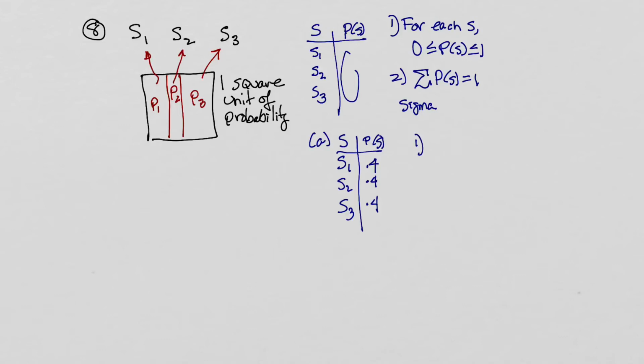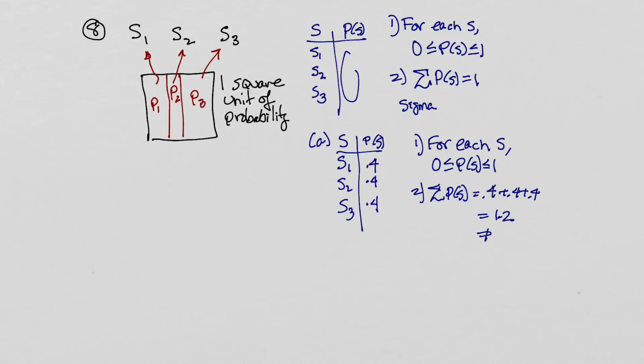Number 1, for each one of those S's, it is true that 0 is less than or equal to P of S, which is less than or equal to 1. So condition 1 holds. Condition 2, if we add up these P of S's, we get 0.4 plus 0.4 plus 0.4, which is equal to 1.2, which is not equal to 1. Condition 2 fails.